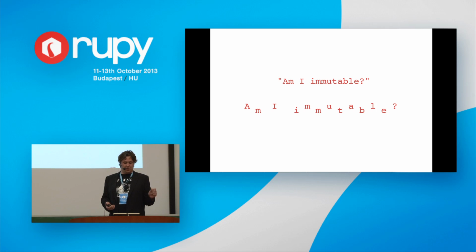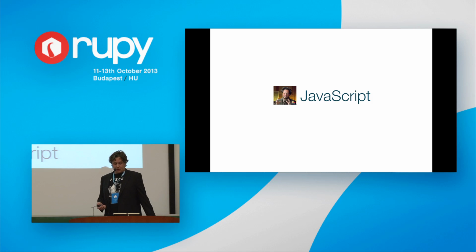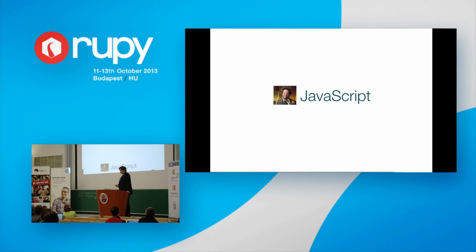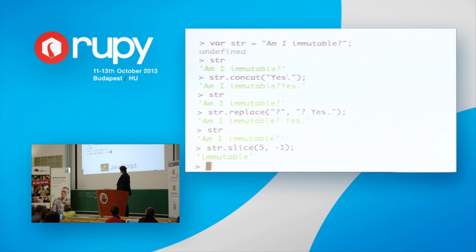Can I put something in the middle and mutate it that way? So let's see how the languages stack up with this. JavaScript strings are actually immutable. So you can do all kinds of things with JavaScript strings, but you can never change a string once you have made it. You can only return new versions of the string. So JavaScript got this one right.